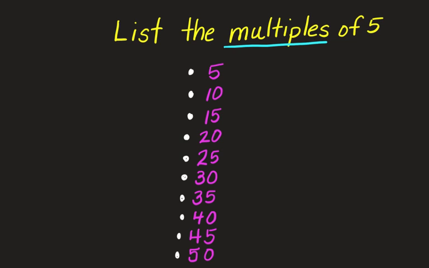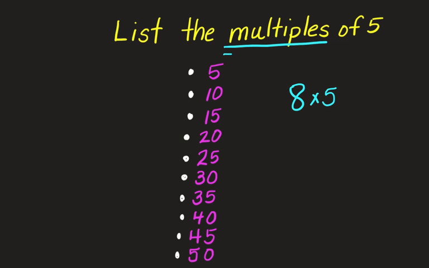A strategy that I find is easier for most students is to list the multiples of 5 like I have here. 5, 10, 15, 20, 25, 30, 35, 40, 45, 50. Then, when you need to multiply another number by 5, let's say 8 times 5, you can count down the 8th multiple.